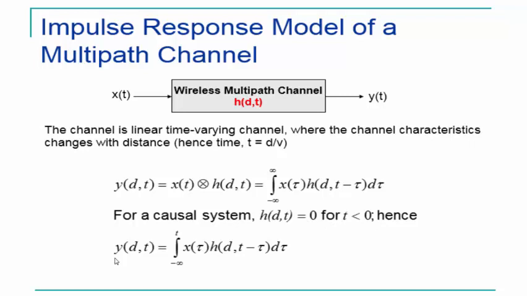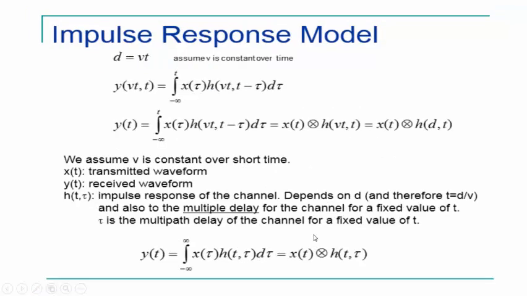Now for a causal system, h of d comma t is equal to 0 for t less than 0, so the output y of d comma t is the integration from minus infinity to t of x of tau into h of d comma t minus tau d tau.